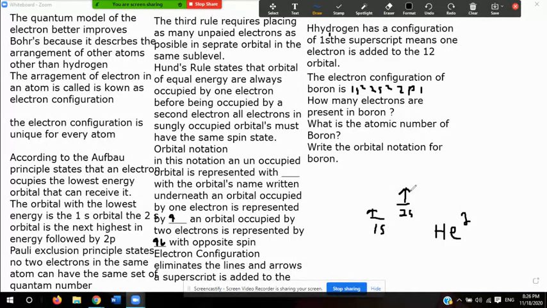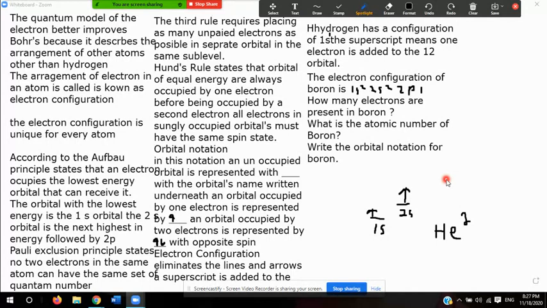Let me get the spotlight. We know that helium has 2 electrons, and according to this rule, I cannot have 1 electron in the 1s orbital and then just skip to the 2s and add another electron there.